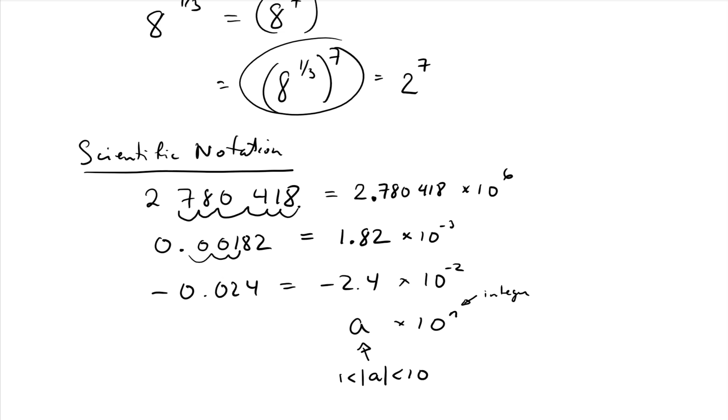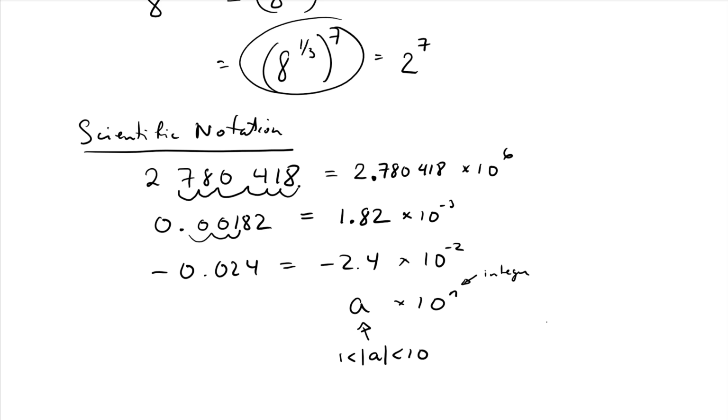What's the magnitude of the number? It's the absolute value, or it's the number itself if it's positive, and its opposite if it's negative. So the magnitude of, for example, minus 1.84, that's 1.84. That's the magnitude of the number. It's the distance of that number to 0.